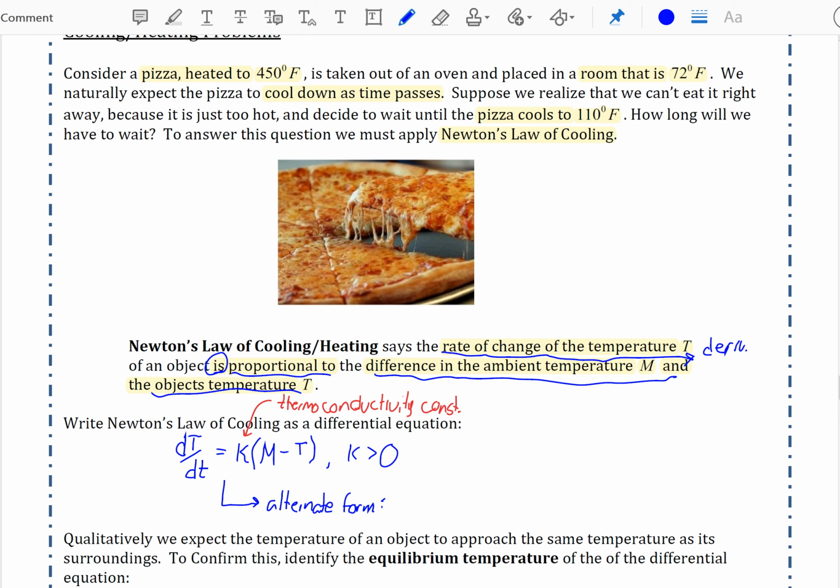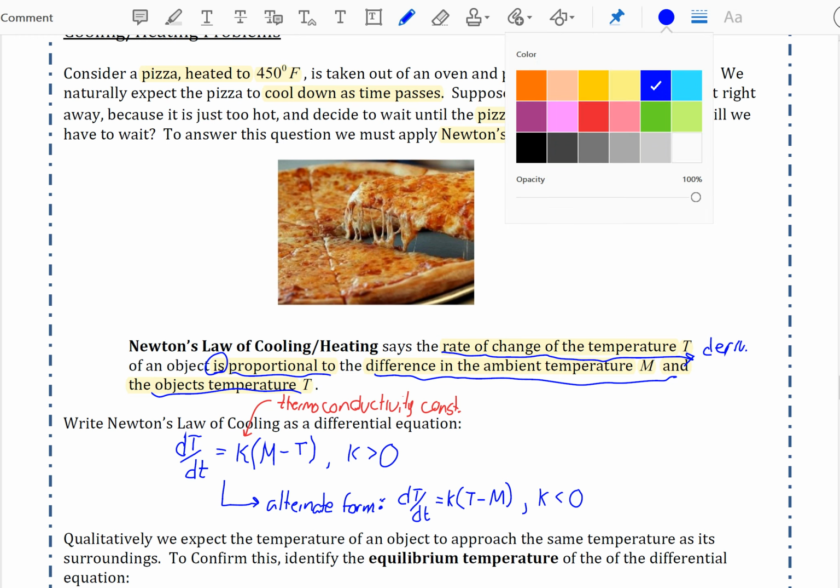In the alternate form, the videos represent Newton's law of cooling as dT/dt equals K times T minus M, where they've changed the order of the terms in the parentheses. But they've also made K be less than 0. Now I'd like you to identify that this form is equivalent to the form I've given you, though. It's equivalent to our author's form.